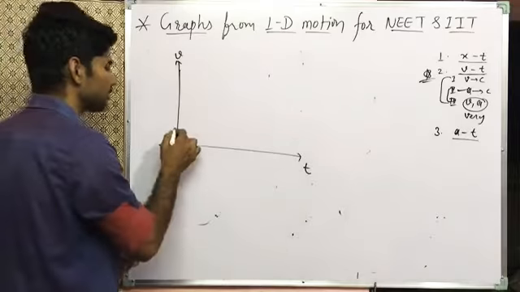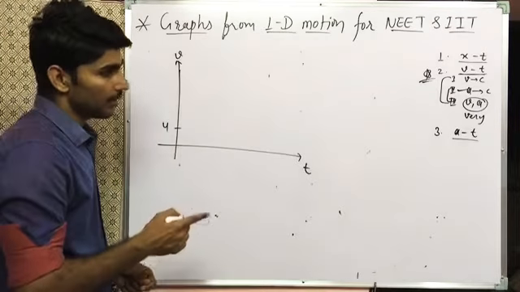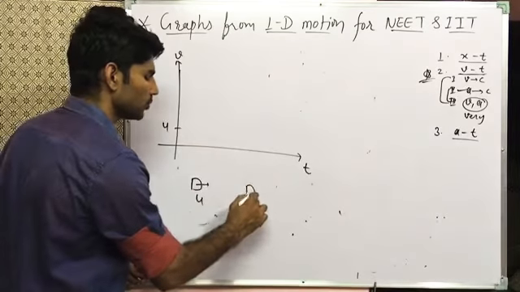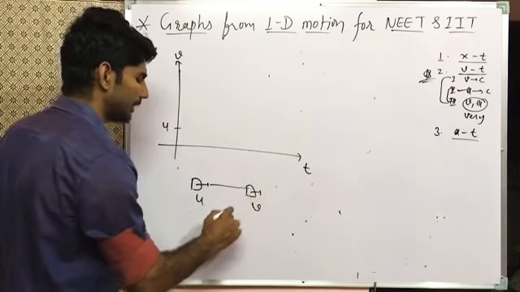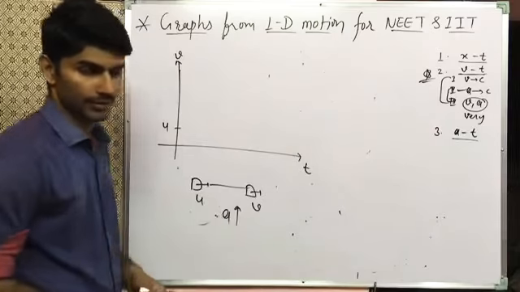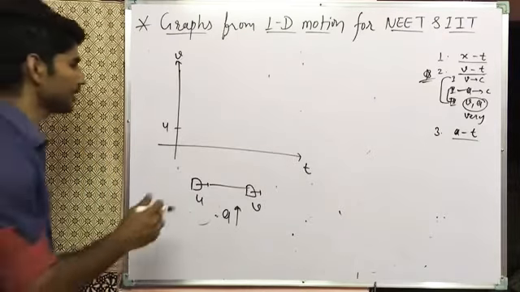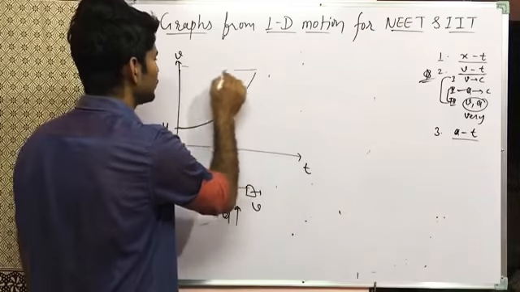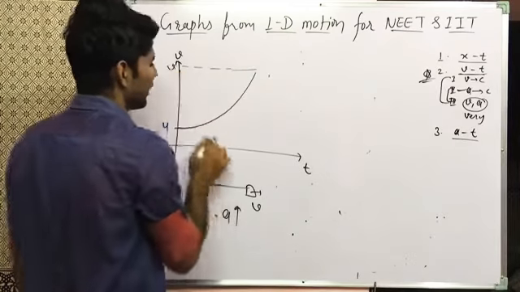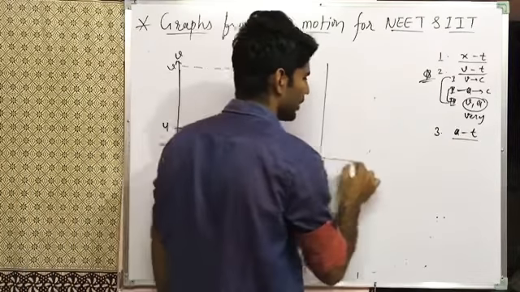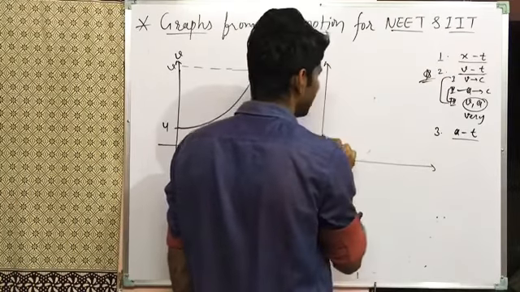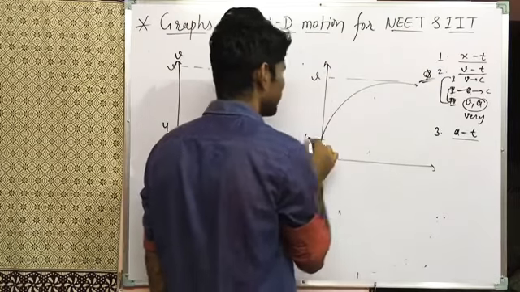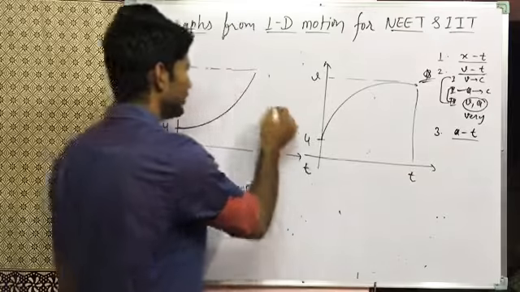Initial velocity is u and the velocity is increasing from u to v, and acceleration is also increasing. So we draw the graph here. Initial velocity is u, final velocity is v, and there is one more graph that we get, in this manner. The final velocity is v, initial velocity u, this is the time t.